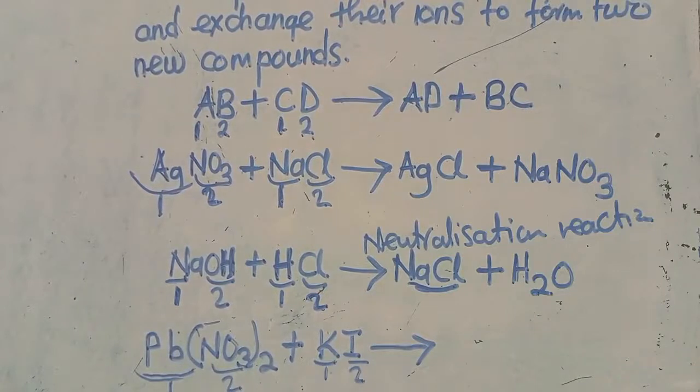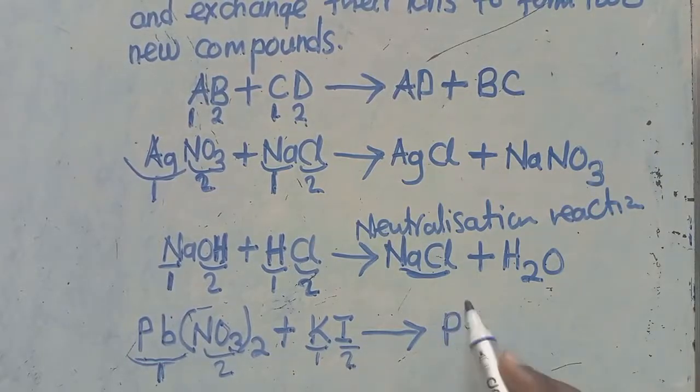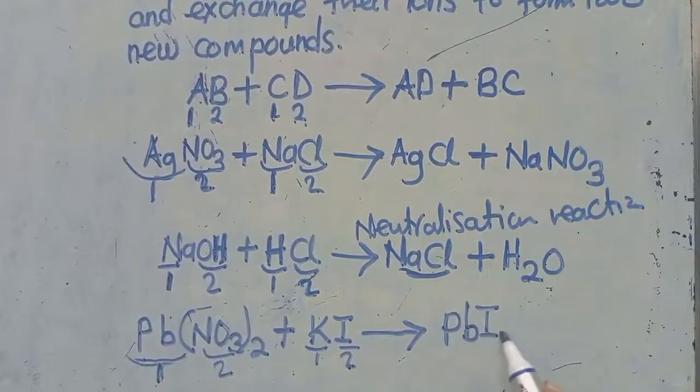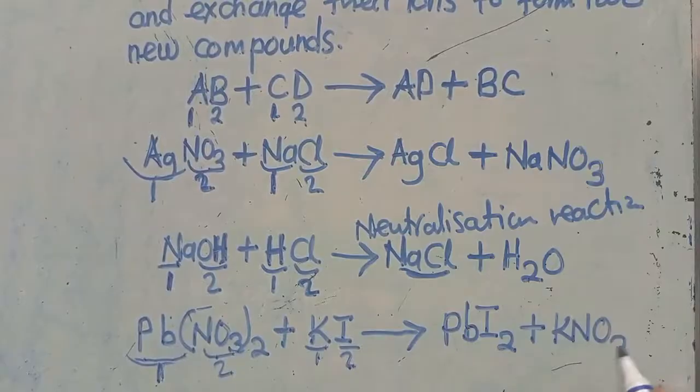So what are we having this other side? 1 goes with the 2 that is there. So we are going to have lead iodide like this, plus potassium nitrate. So this is what we are going to have.